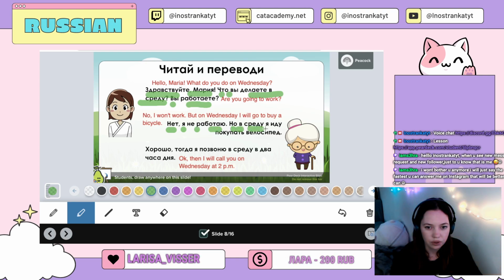Но в среду я иду покупать велосипед. Хорошо. Тогда я позвоню в среду в 2 часа дня. Ta-da! This dialogue was quite long, but not very difficult. You still understood quite a lot here. That's good.